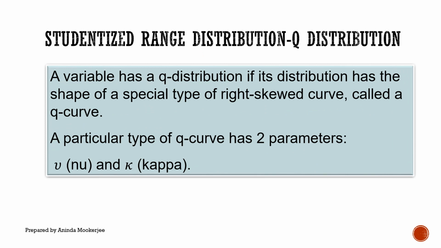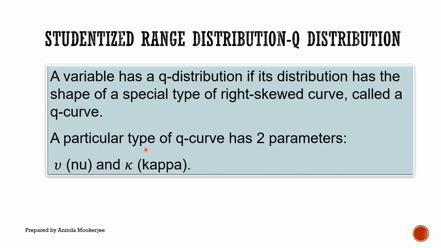Since we use the Q distribution for the Tukey method, let's go over the Q distribution properties. A variable has a Q distribution if its distribution has the shape of a special type of right skewed curve, which is the same as the F curve, but this is called a Q curve.